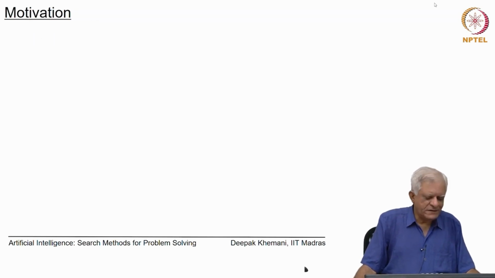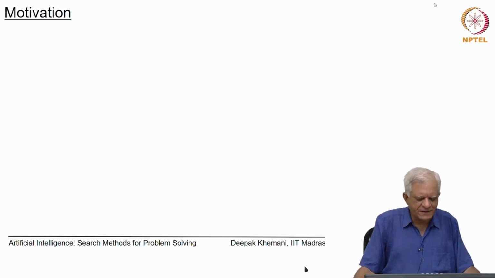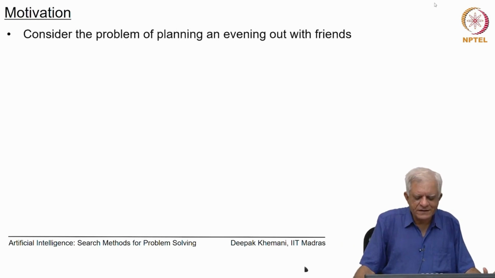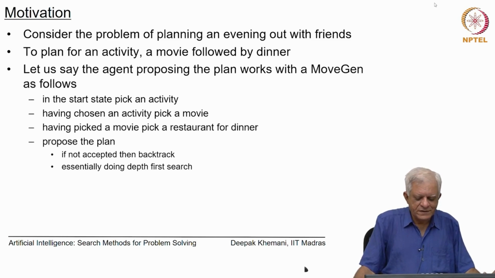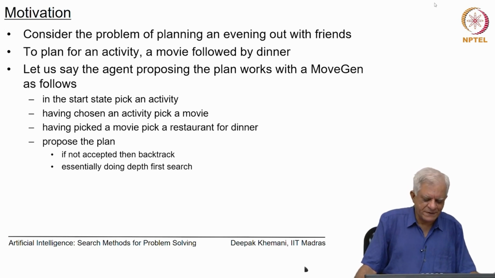and as a motivation, let us look at a problem which has typically three parts. And let us say this is a problem of planning an evening out with friends, and let us say you are the one who is proposing the plan, and the basic idea is that you must do some activity followed by a movie and followed by dinner essentially. And the plan, you are working with something which is like a move gen function which was in the state space.